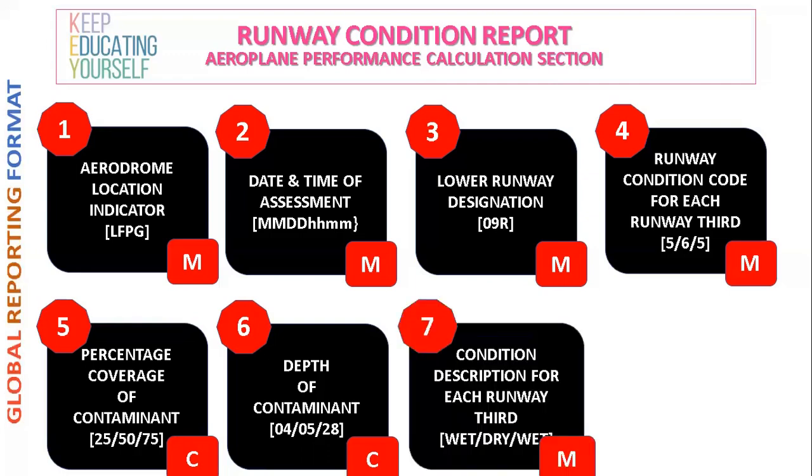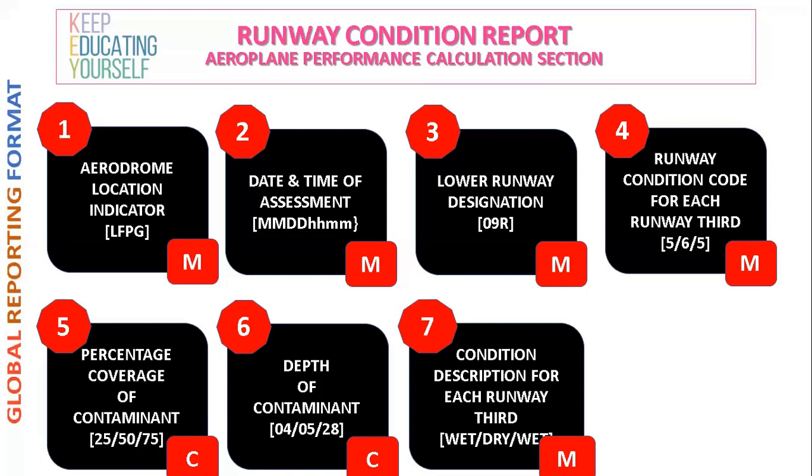Now the seventh element is condition description for each runway third. Here we have to mention what type of contaminant is present on the runway. As I have told you earlier, in Annex 14 Volume 1, earlier they mentioned about 12 contaminants. Now those 12 contaminants have been increased to 17.